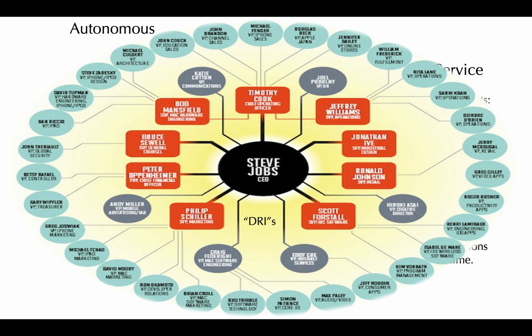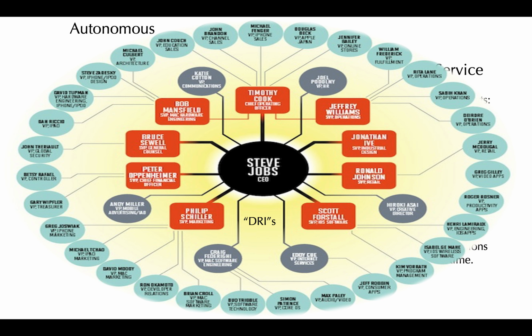The organization had directly responsible individuals, or DRIs, focused on the delivery of specific solutions that met the needs of the customer. There was active and dynamic interaction, and most importantly, trust among the teams that they could deliver.